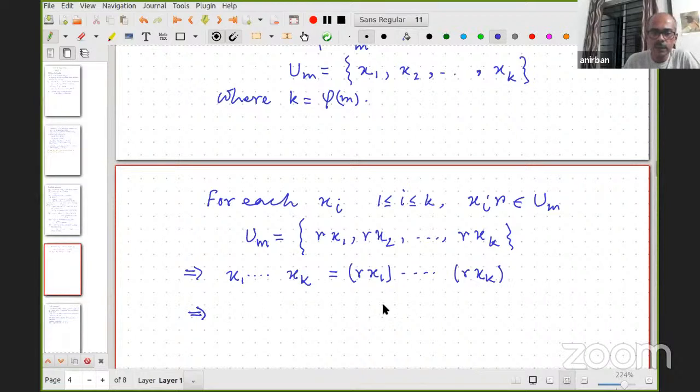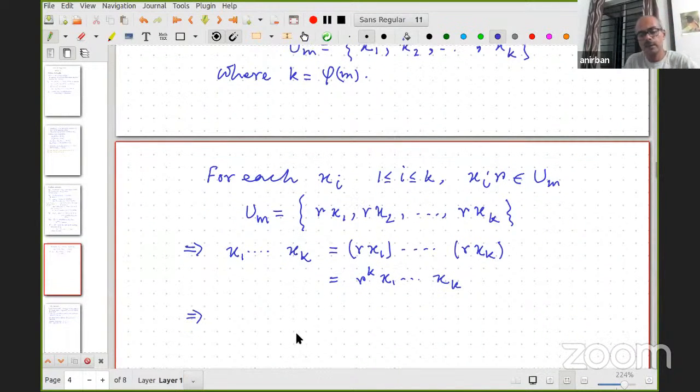And so let me just write that. You have k copies of r, so this is r to the k, x1, x2, xk, and this x1, x2, xk, being a product of invertible elements, is also invertible.